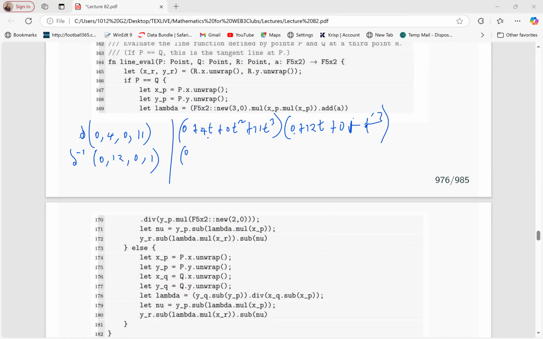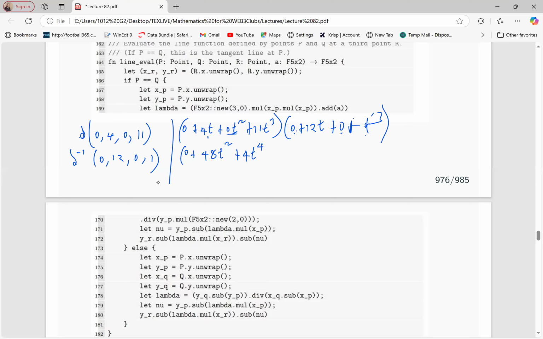4 by the first one will be 0. 4 by the second one will be 48t square. And 4 by this one will be 0. 4 by this one will be 4t raised to 4. What about 0t square by all of this?